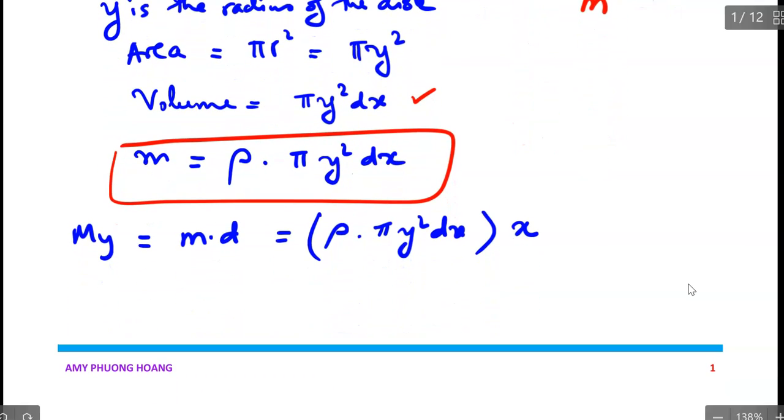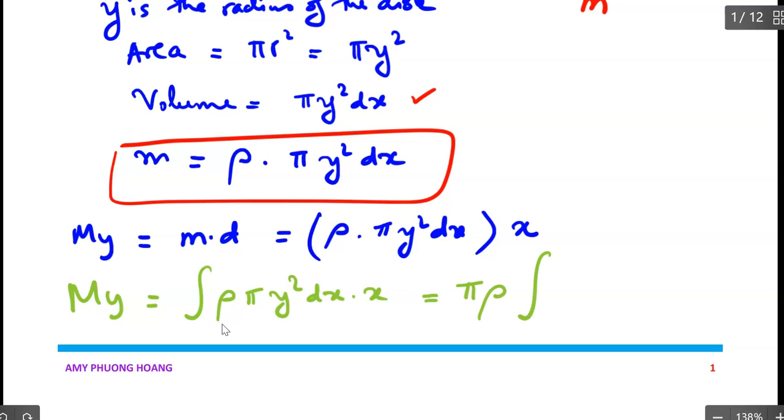So My is now equal to the integral of pi rho y squared dx times x. Let's rearrange this. Pi is a constant, rho is a constant, so I can bring them across the integral sign. So I have pi rho integral of x times y squared dx.